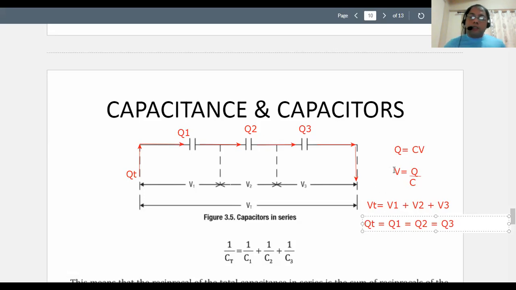Since V is Q over C, finding our value V total will be equivalent to Q sub T over C sub T. Q over C is voltage, based on the equation on voltage. That is equivalent to V1, and V1 is Q1 over C1. Then we add the next value, which is Q sub 2.